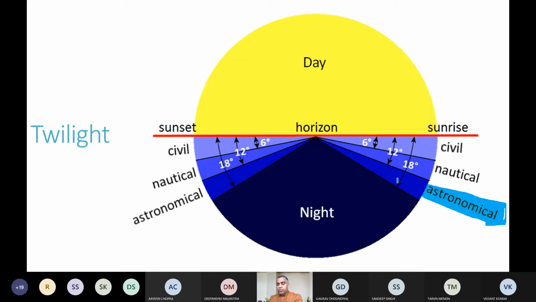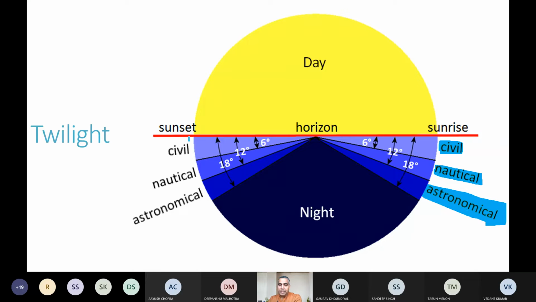Now, the period from 12 degrees to the horizon is known as nautical twilight. And the period from 6 degrees below the horizon to the horizon is known as civil twilight. So 0 to 6 degrees is civil twilight, 0 to 12 degrees is nautical twilight, and 0 to 18 degrees is astronomical twilight.